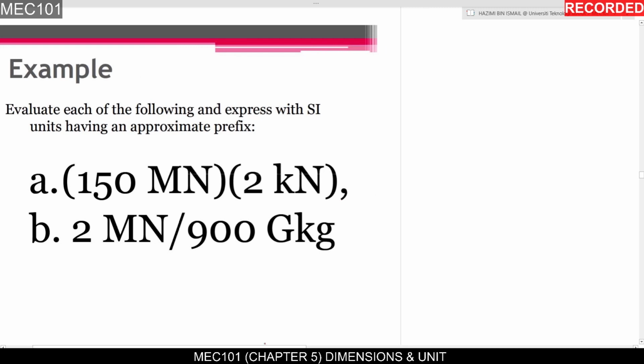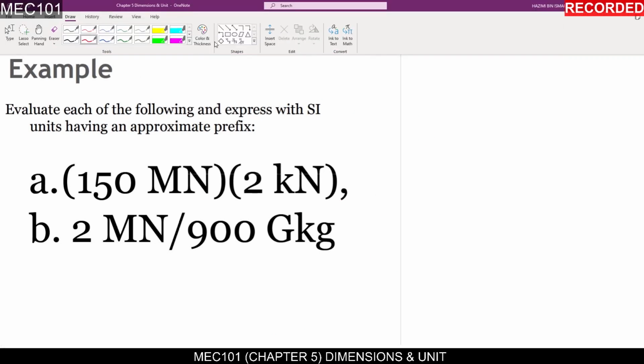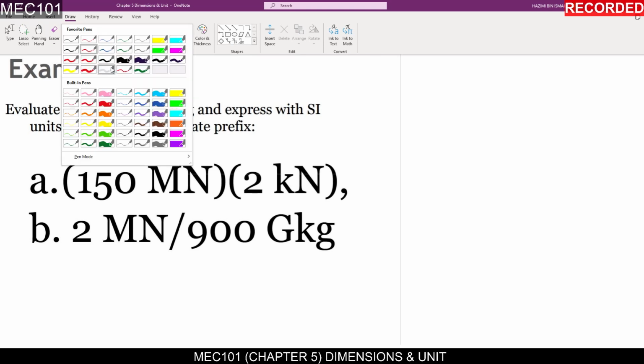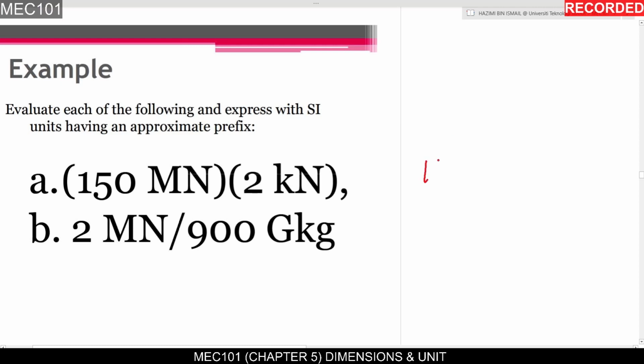Okay, 150 meganewtons. Mega is 10 to the power of 6. That's why earlier I mentioned that you must remember the power of the prefix here.